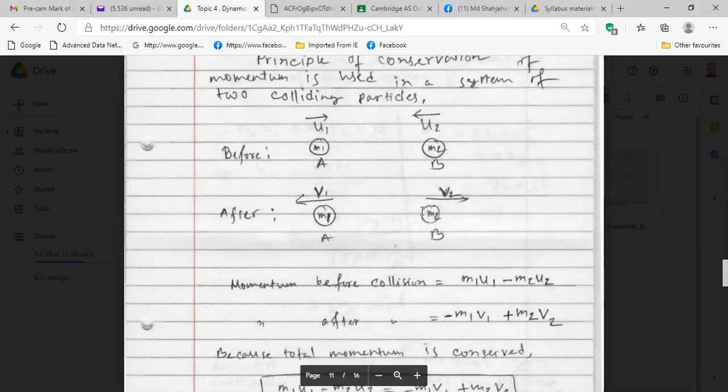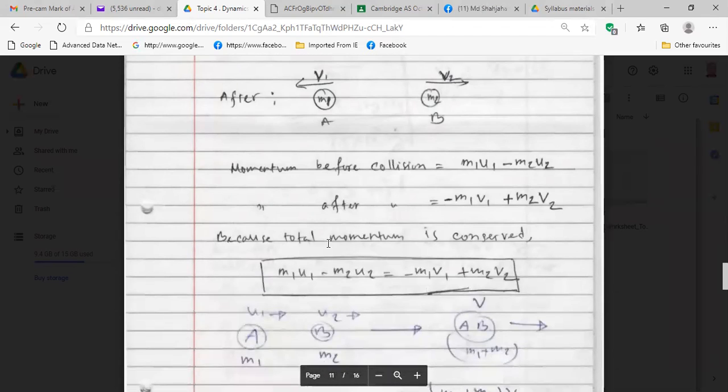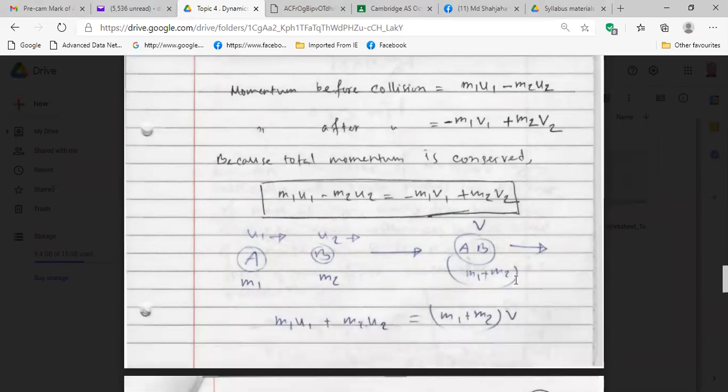The momentum after collision we got minus m1 v1 plus m2 v2. According to the conservation law of momentum we can write: m1 u1 minus m2 u2 equals minus m1 v1 plus m2 v2. Is it clear?